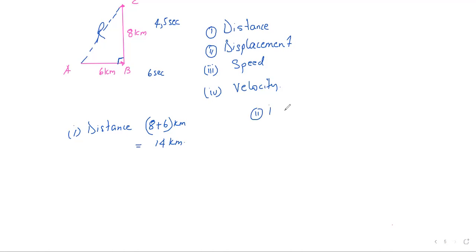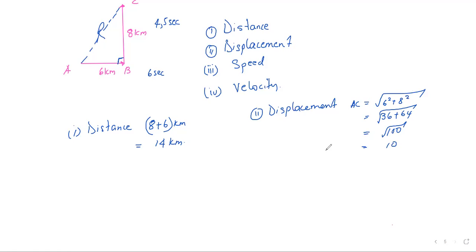And displacement. Displacement is the shortest distance between 2 points, definition of a line. So from A to C, we can use Pythagoras there. We'll have AC, the square root of 6 squared plus 8 squared, 36 plus 64, then the root of 100, which is equal to 10.